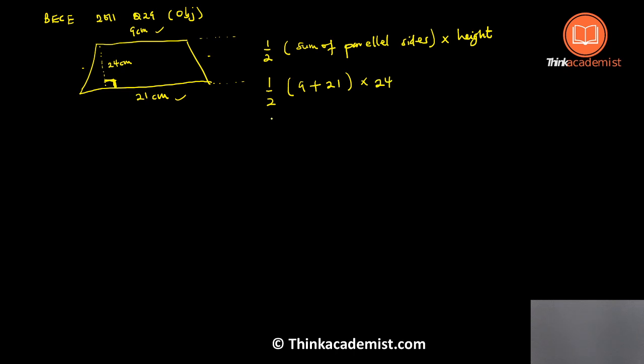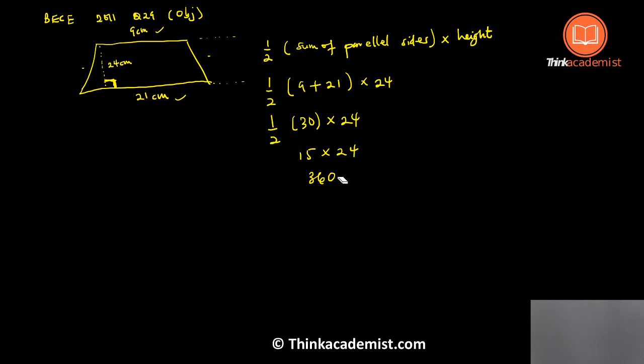Now solving that, we know when we do the sum of 9 and 21, that will give us 30, and then times what? 24. Remember the height, the half here is multiplied because of the bracket, okay? So half of that will give us 15, and then 24. Now when we multiply this, we get 360. 360, not degrees.